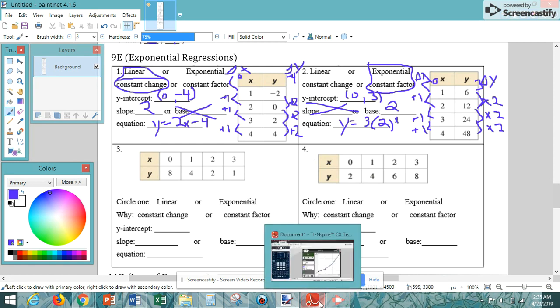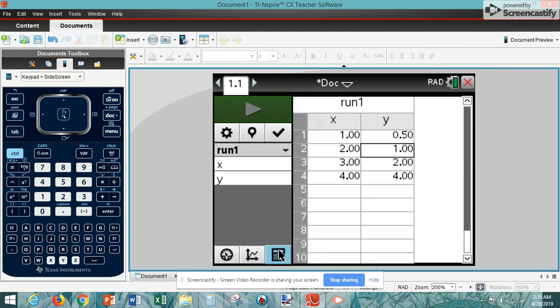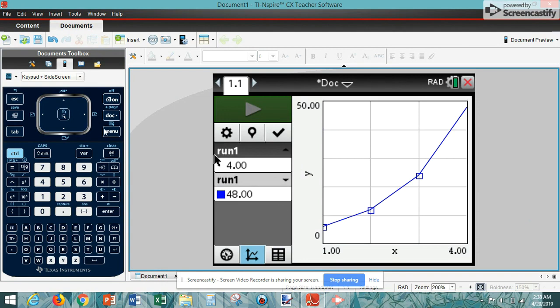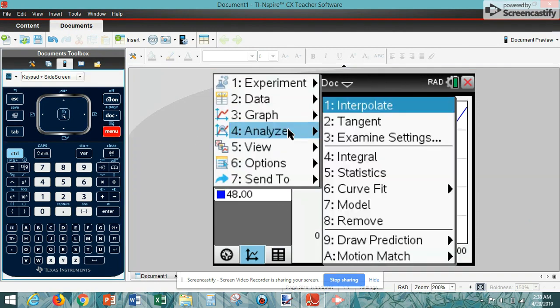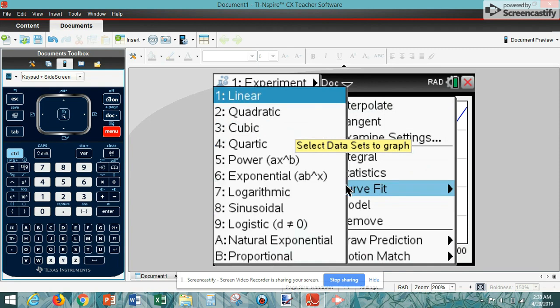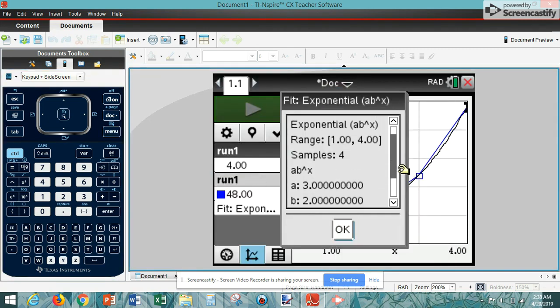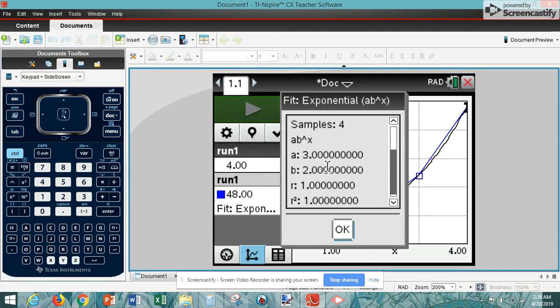And if you want to put this one in the calculator, you could do that. So we'll go to menu, 4 analyze, 6 curve fit, and then exponential. Notice our R is 1, with A being 3 and B being 2.